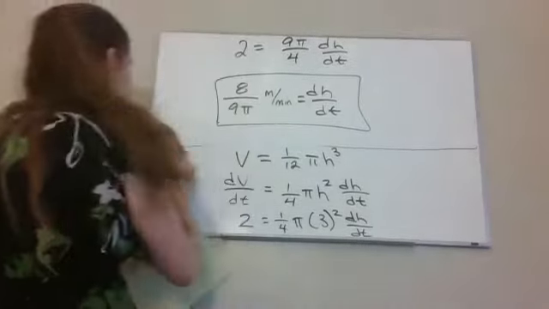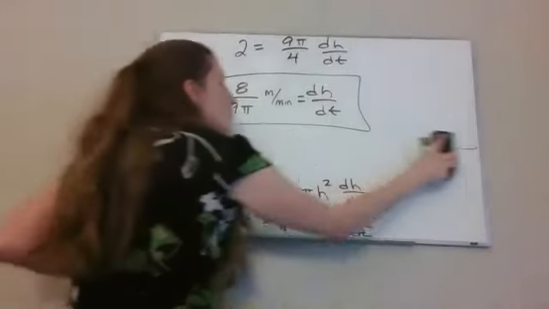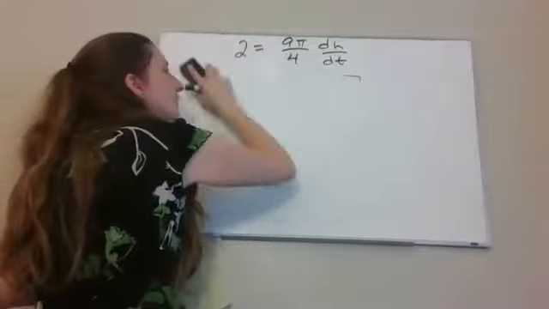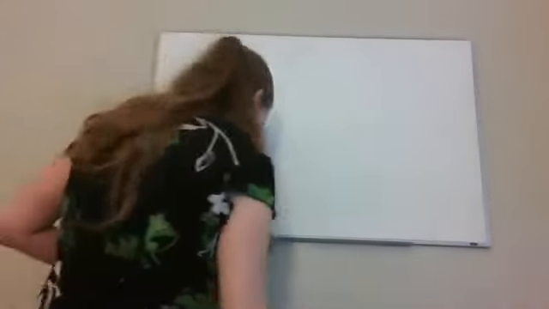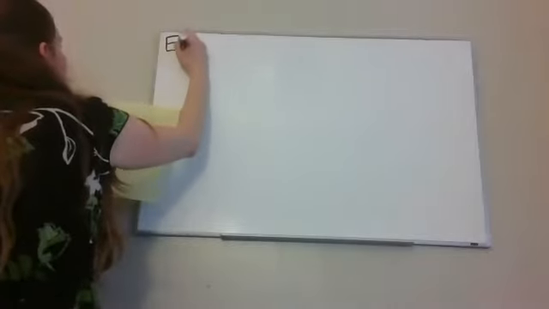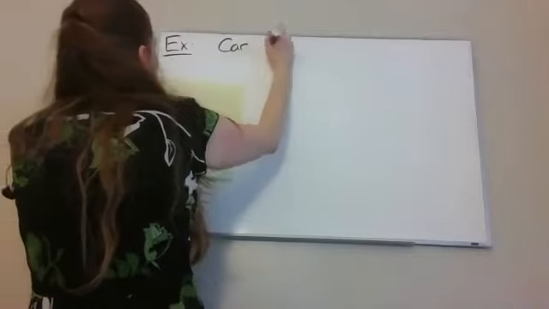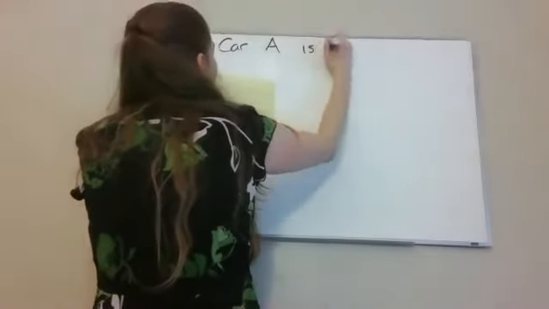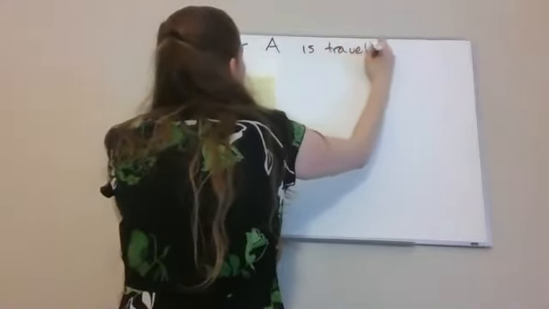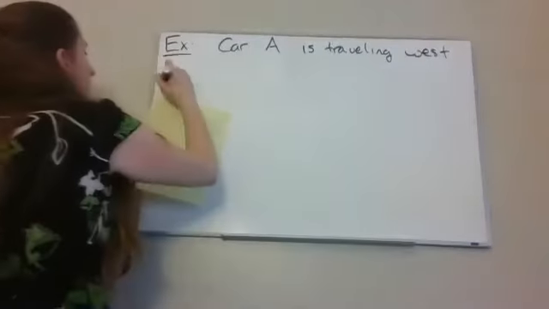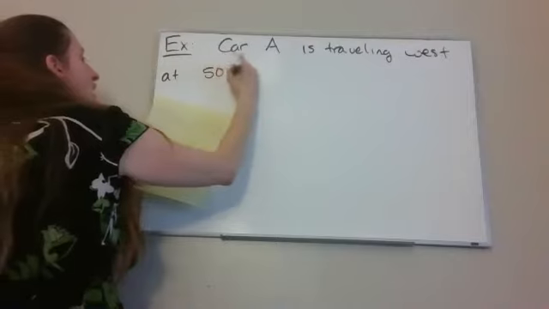Okay, let's do 2 more related rates examples to finish the video up. So car A is traveling west at 50 miles per hour.